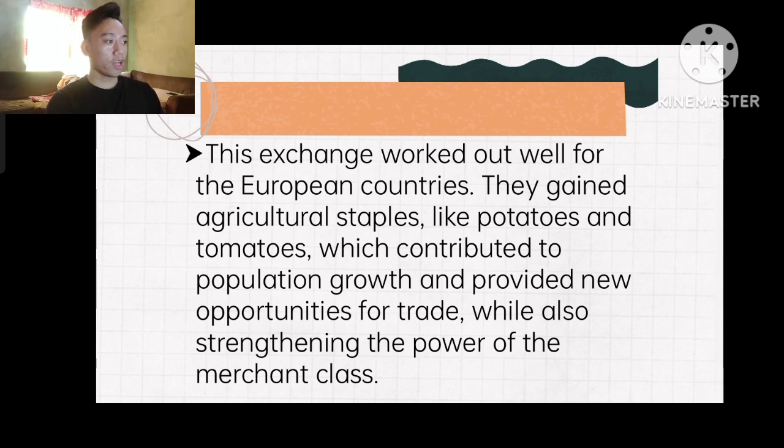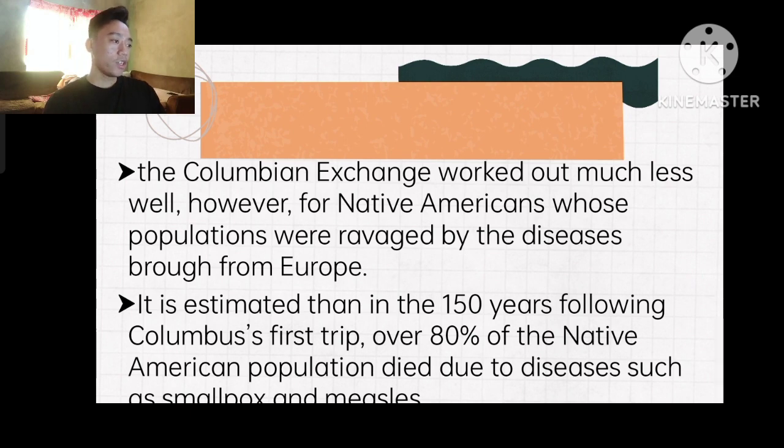This exchange worked out well for the European countries. They gained agricultural staples like potatoes and tomatoes, which contributed to population growth and provided new opportunities for trade while also strengthening the power of the merchant class. The Columbian Exchange worked out much less well, however, for Native Americans, whose populations were ravaged by the diseases brought from Europe.